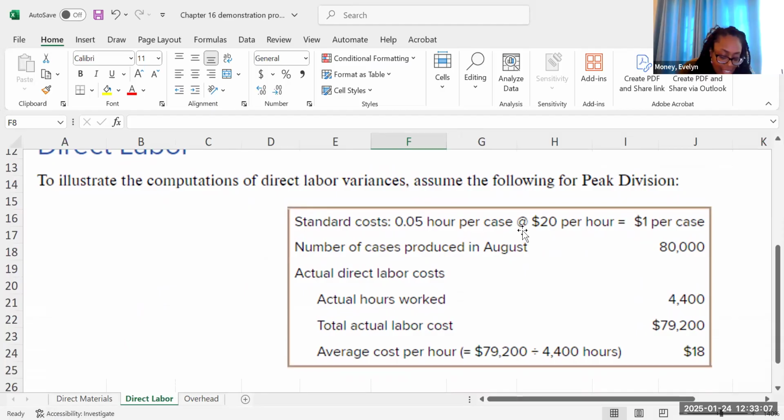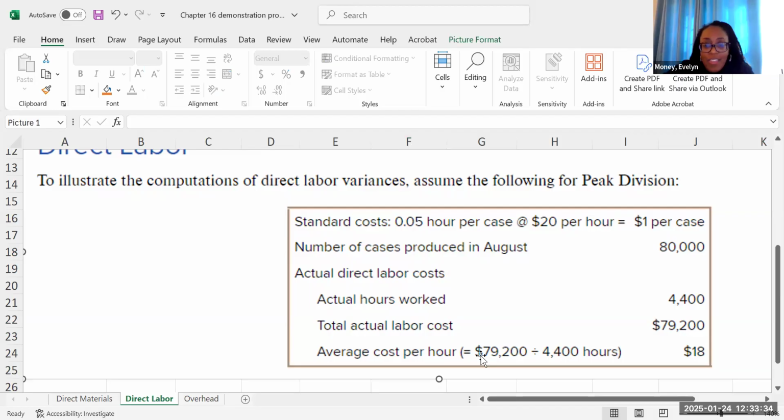No, it's not that. 3 minutes to make one case. And we pay $1 per case, but it's $20 per hour. That's my hours worked, the actual labor cost, and the average cost per hour.